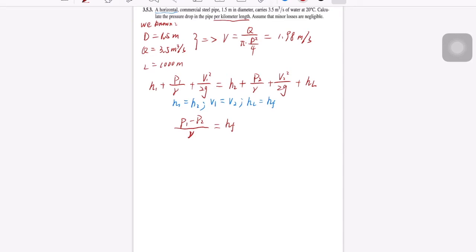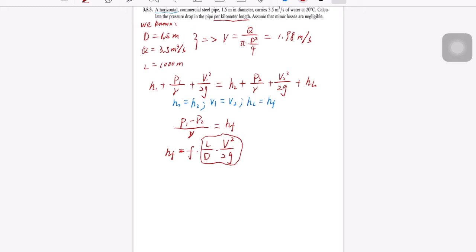So according to the Darcy-Weisbach equation, we know that HF equals F times L divided by D times V squared divided by 2G. We know all of these values, so we just need to determine the friction factor. We need to use the Moody diagram to determine the friction factor.